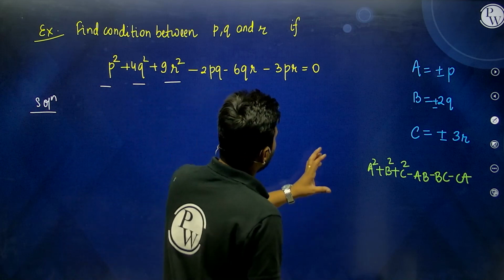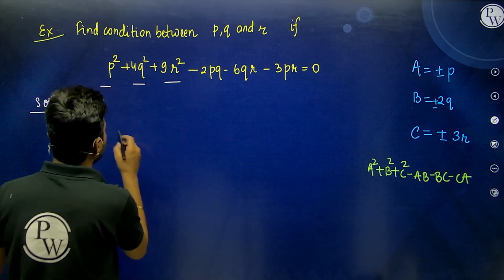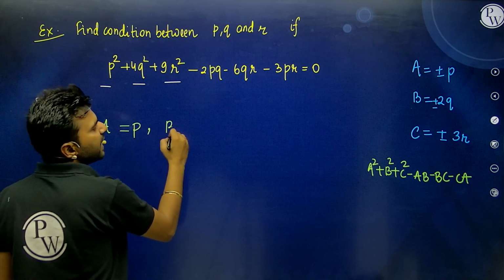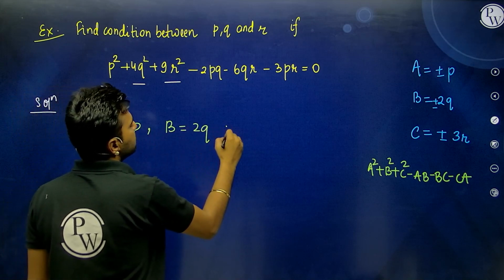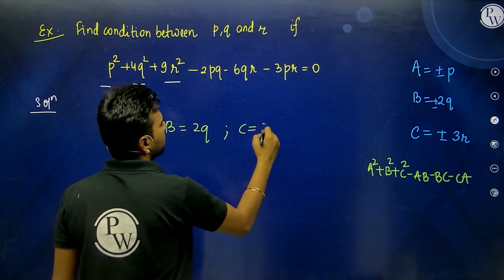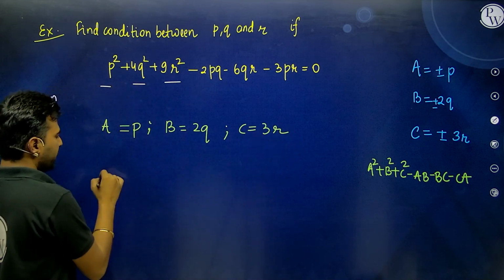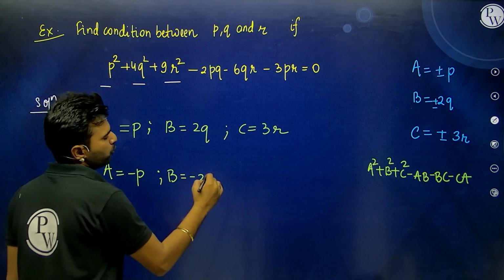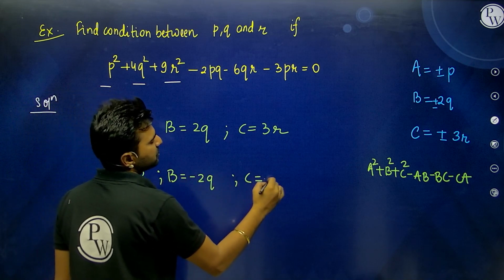I can take A as P, B as 2Q and C as 3R, or I can take A as minus P, B as minus 2Q, and C as minus 3R.